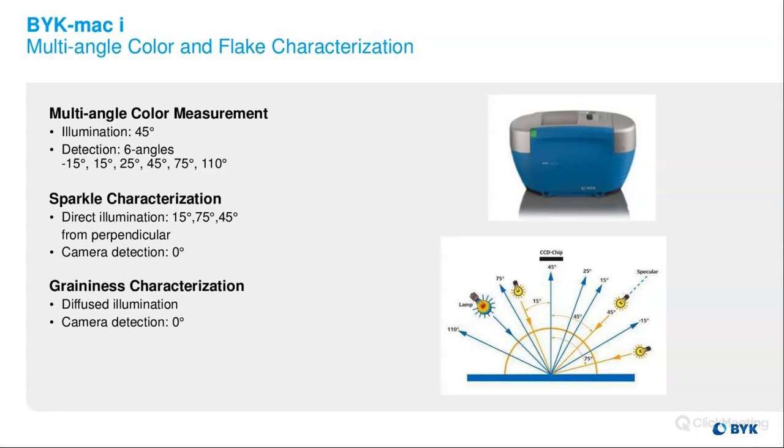It's circumferential, so it's in a full circle around that sample. Whereas in the BYK-mac, it's only coming from one angle. It's coming from one side, so it's directional. So it's not going to get you the same exact results. They will be close, but they're not exactly the same as what you'll get with the 45-0.